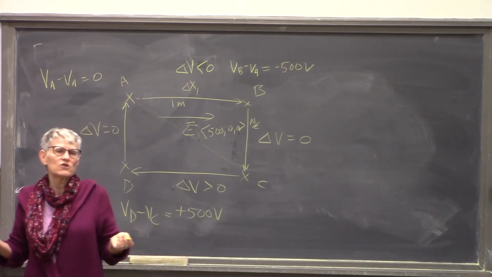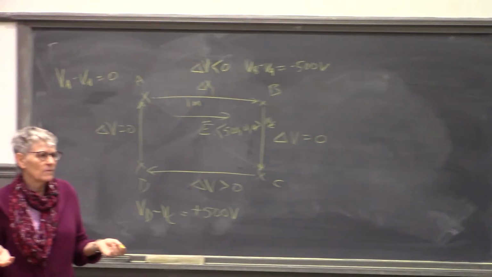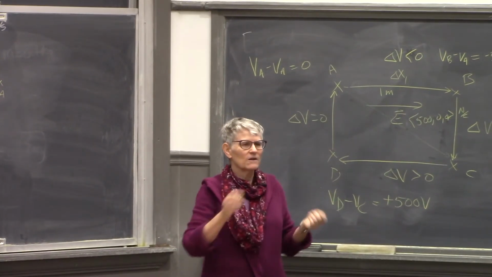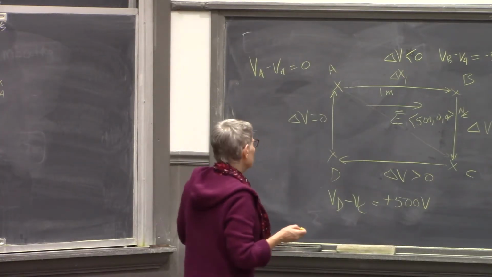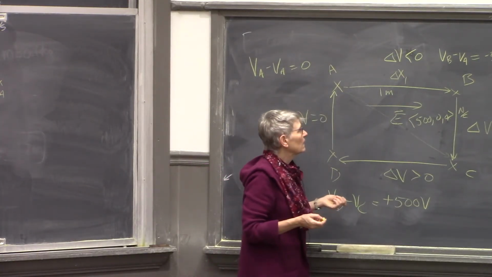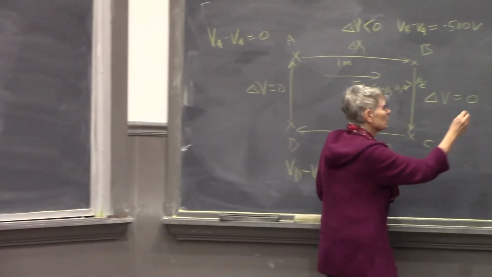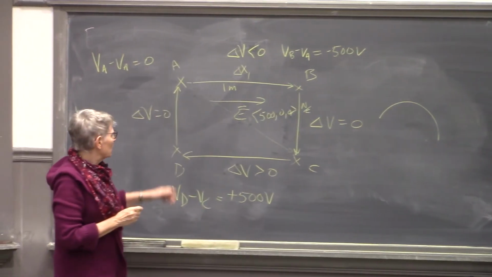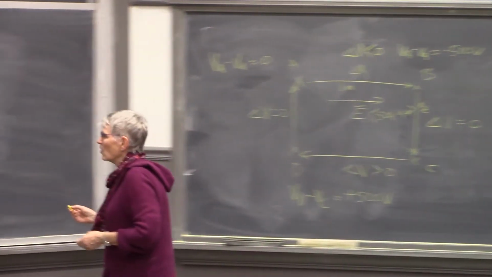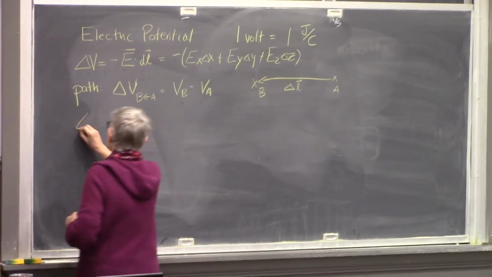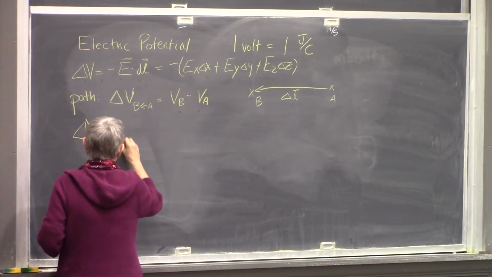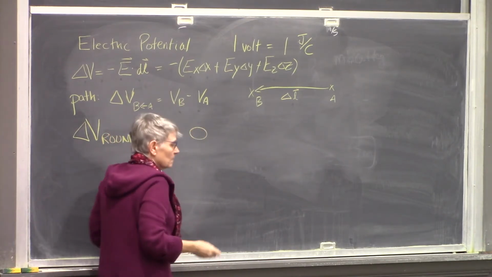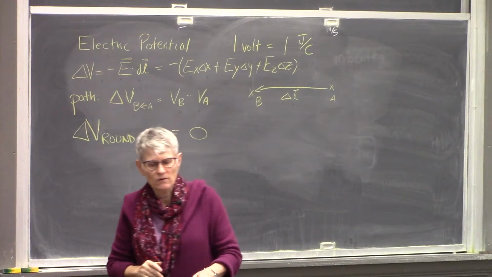And this turns out to be a very general thing. Even if the field isn't uniform, and even if the paths curve, which is legal, the round trip potential difference is always going to end up being 0. And that's a very general thing.